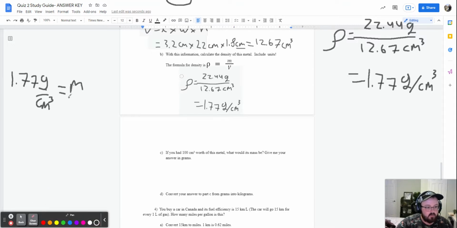Mass over our volume, 100 centimeters cubed, right? So what we're going to do here is isolate our mass. This is the variable that we need. We're going to multiply each side by 100 centimeters cubed.